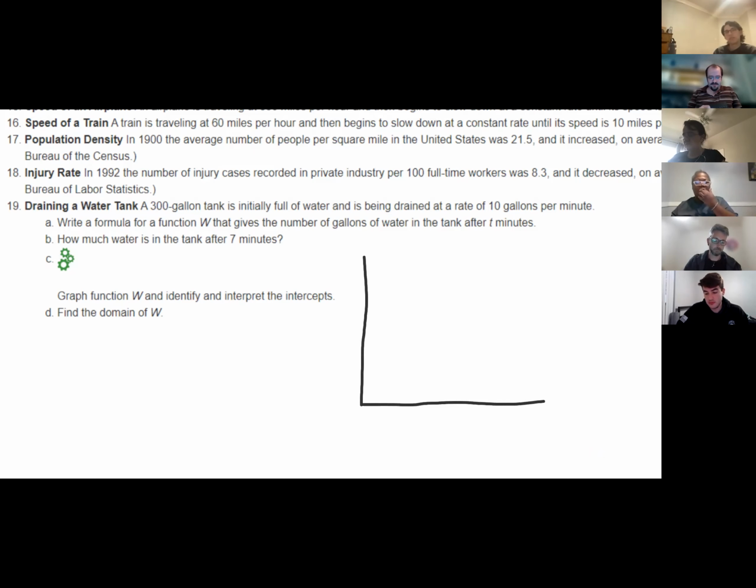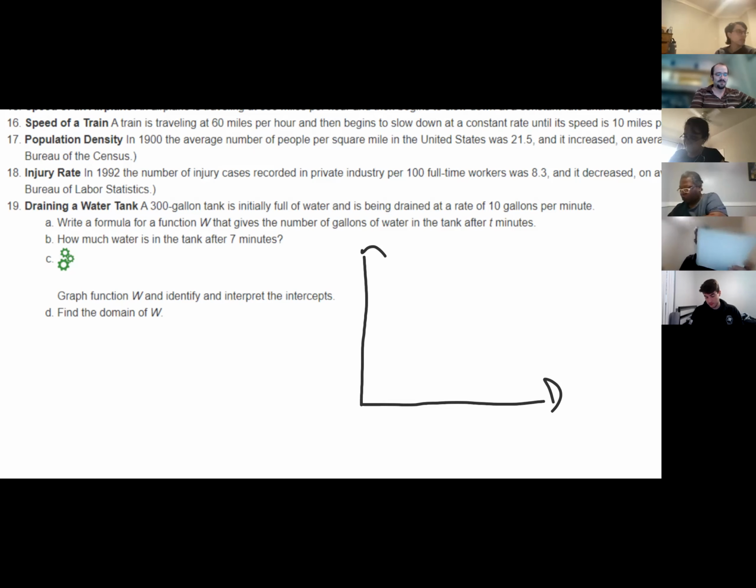So I can assume this is going to be all in the first quadrant. Most of reality happens in the first quadrant, right? We usually don't have negative hours. Depending on what we're measuring, we usually don't go to negative stuff. Like in this example, we're not going to say the tank has negative 10 gallons of water. That doesn't make a lot of sense. What does that mean? It's going to suck up 10 gallons of water or something? I don't know.